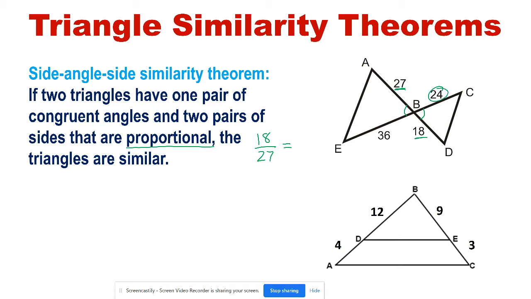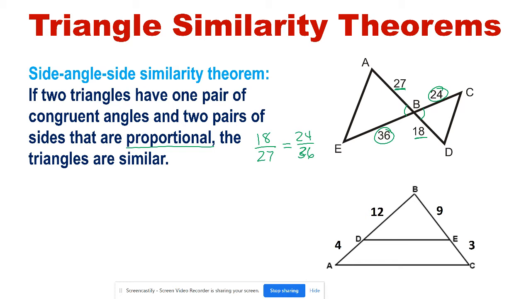I'm going to do 24 over 36. And it really doesn't matter which number you have on top, as long as you're consistent. So I put the number from the smaller triangle on top, so you have to do that both times. If you put the number from the big triangle on top, you have to do that on both fractions.